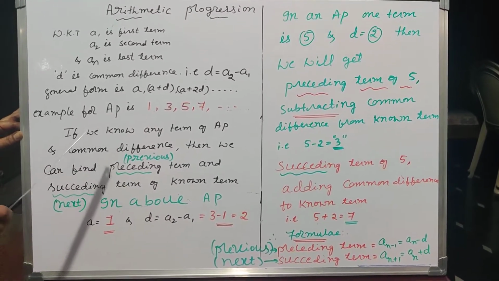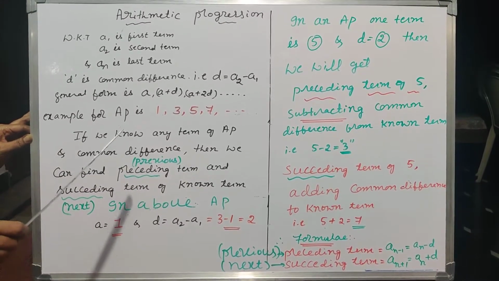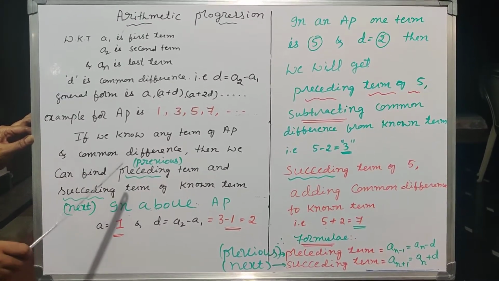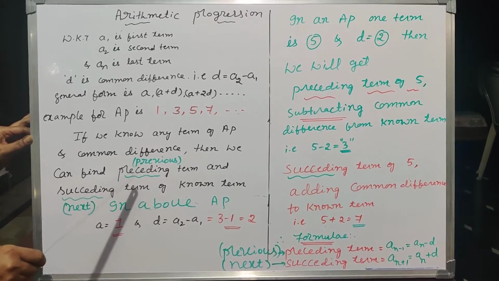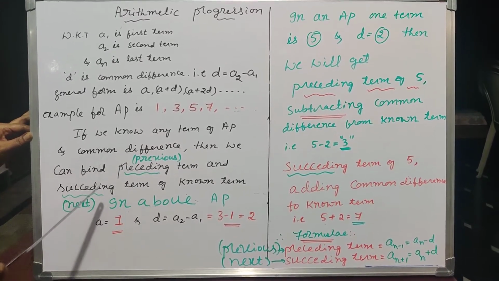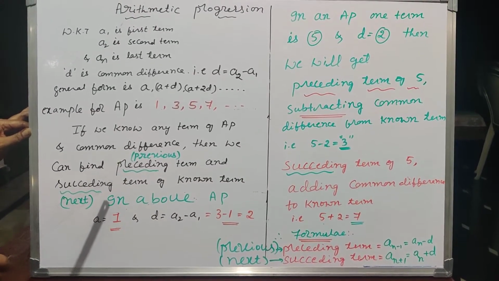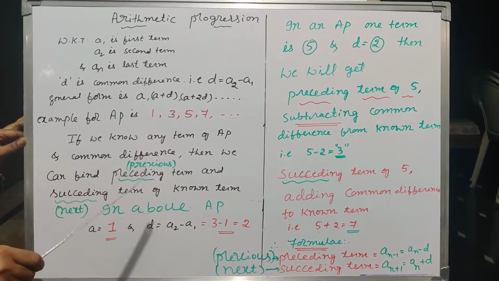If you know any one term of an AP and the common difference, then we can find the preceding term. Preceding term means the previous term of that term, and succeeding means the next term of the given term.